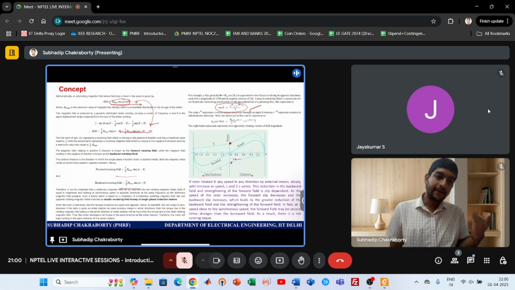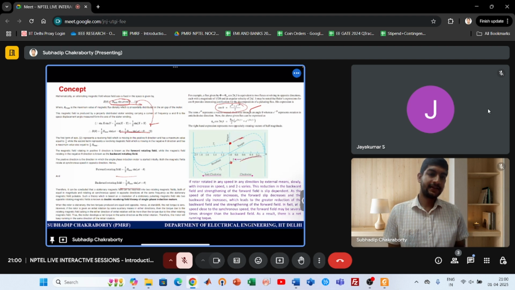But once you rotate it by some arrangement, then you see the forward is developing more strength and the backward is developing lesser strength. The torque, I am telling. Why so? Because the forward field develops the strength based on the slip s and the backward field is 2 minus s.